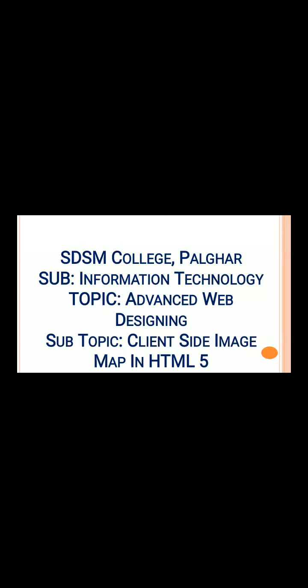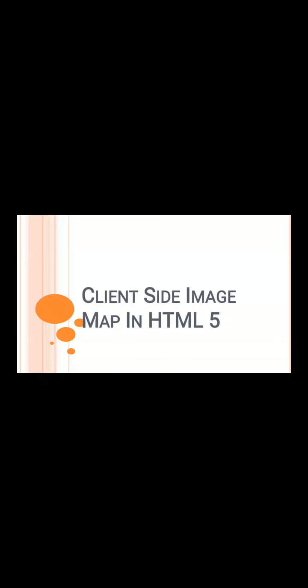Hello students, now we'll see another concept, which is nothing but the client-side image map in HTML5. As we already learned the basic concept of image map, where we can create multiple hyperlinks on a single image.